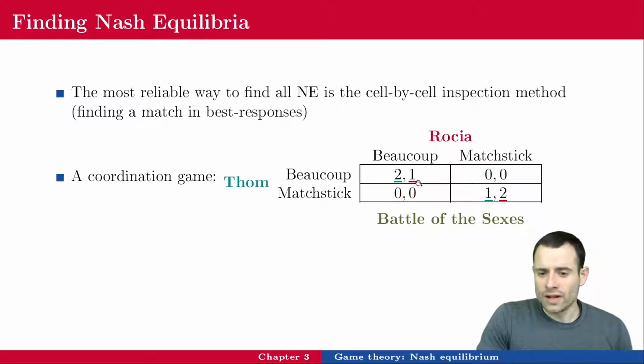Forget about the red stuff for now, because I am not done with Tom. Then, if Rosia plays matchstick, Tom's best response is to play matchstick. So I underline this one here in blue to show that when Rosia plays matchstick, Tom's best response is matchstick.